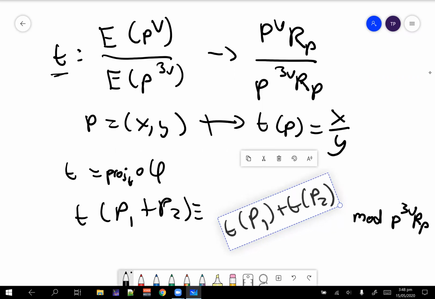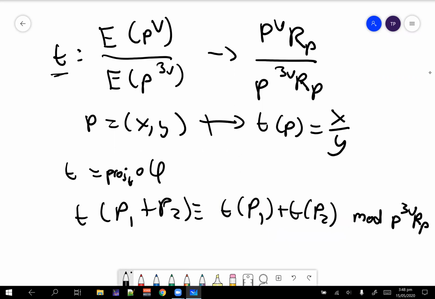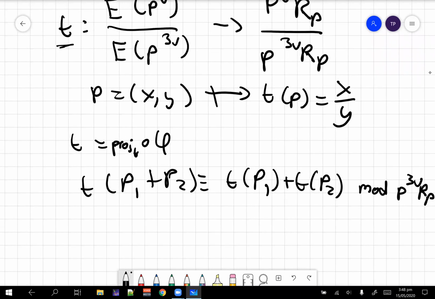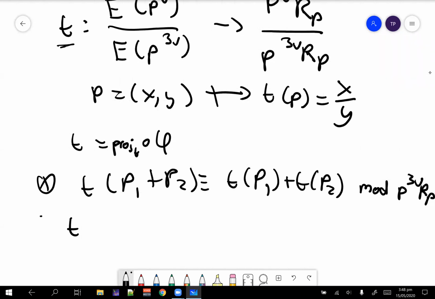This is, how did I do that? I did not know you can do that. Right, so this is our first result, and then the second result says that T is an injective homomorphism. And this gives us a way to prove the whole thing in the end.